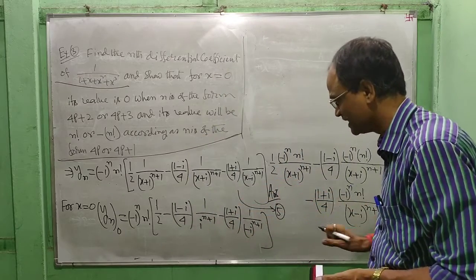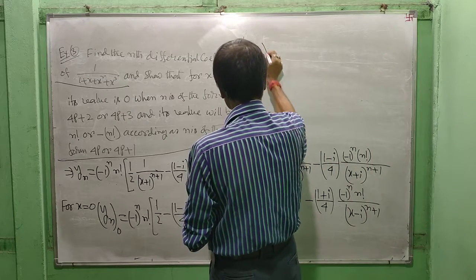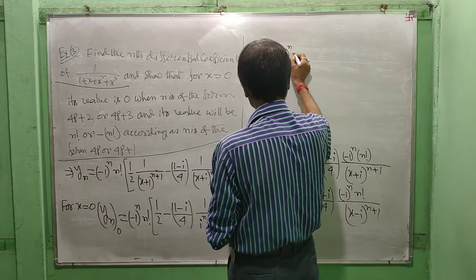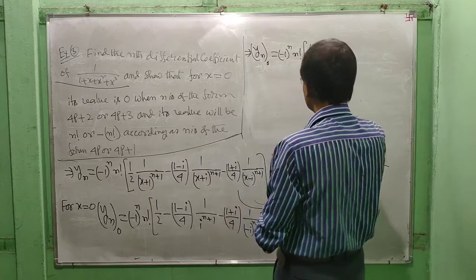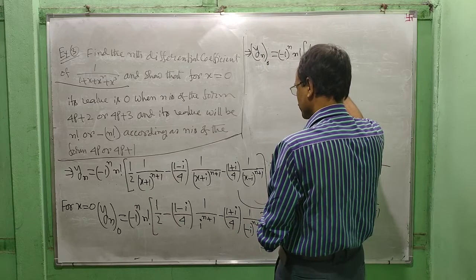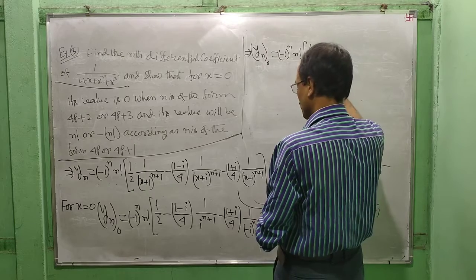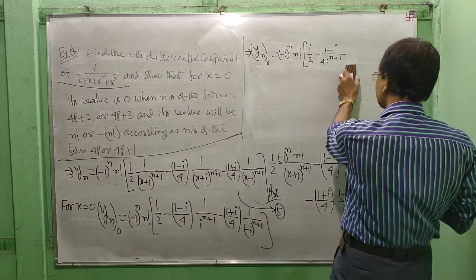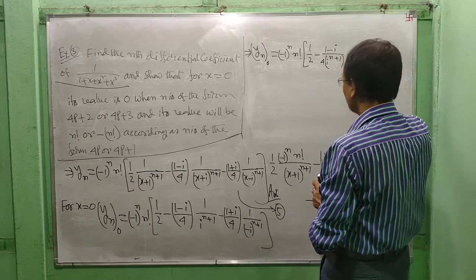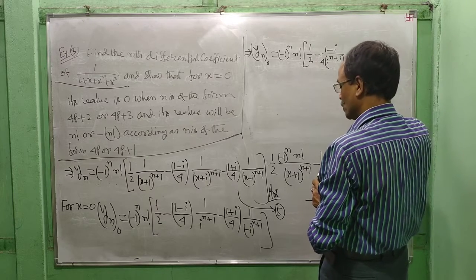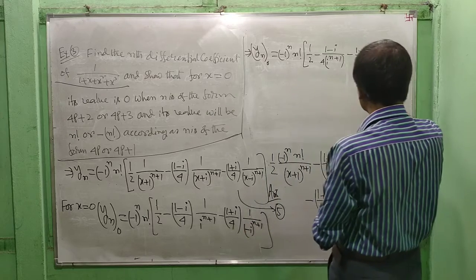Now you will get y_n(0) is equal to this. Now you may write like this also. y_n(0) is equal to minus 1 whole to the power n factorial n, 1 by 2 minus 1 minus i divided by 4 into i to the power n plus 1, minus 1 plus i divided by 4 into i to the power n plus 1 into minus 1 whole to the power n plus 1.